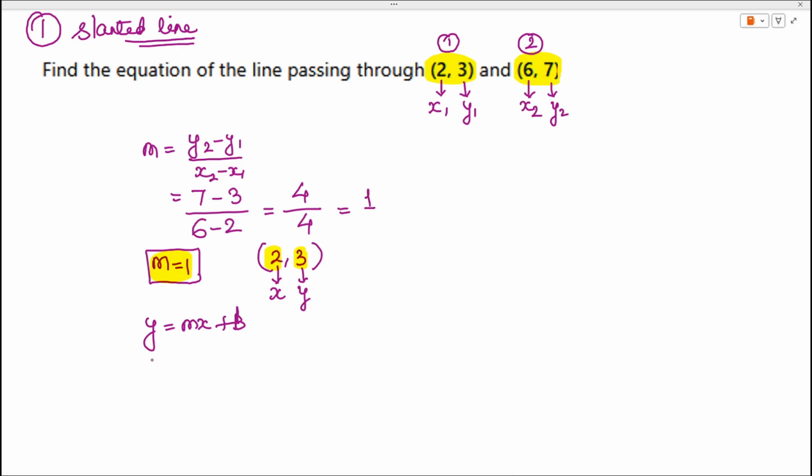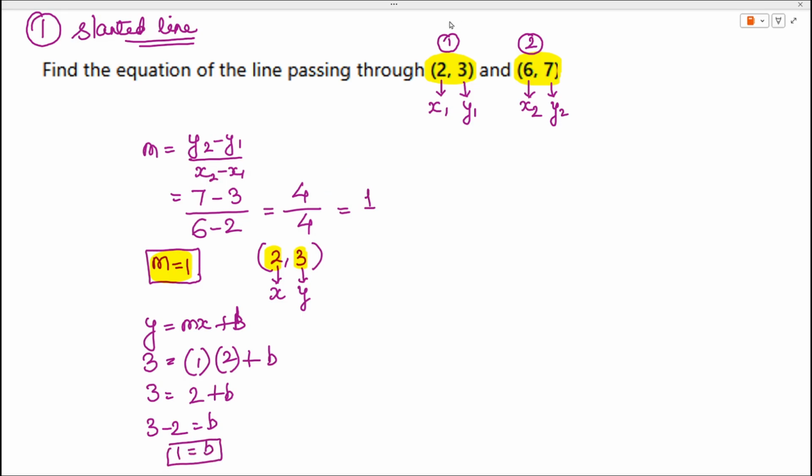Our y value is 3, m value is 1 and x value is 2, plus b. We have to figure out this unknown b. So 3 is equal to 1 times 2, which is 2, plus b. b is equal to 3 minus 2, so b is equal to 1.